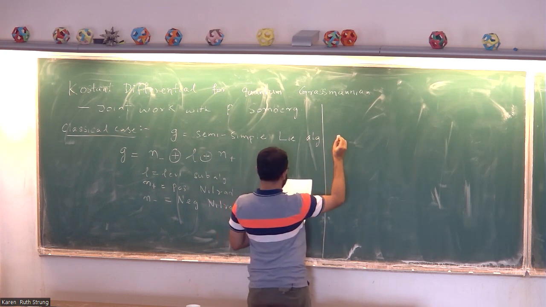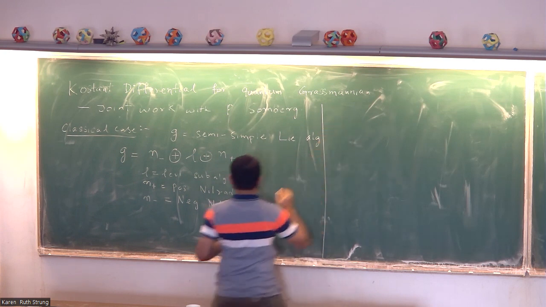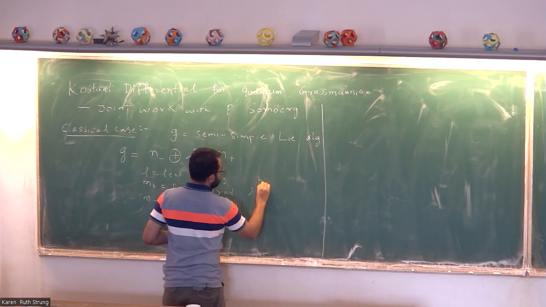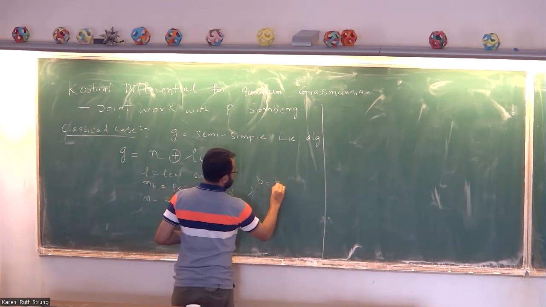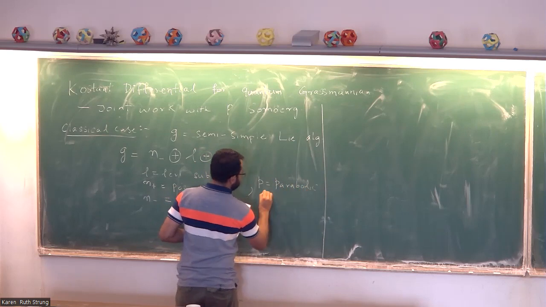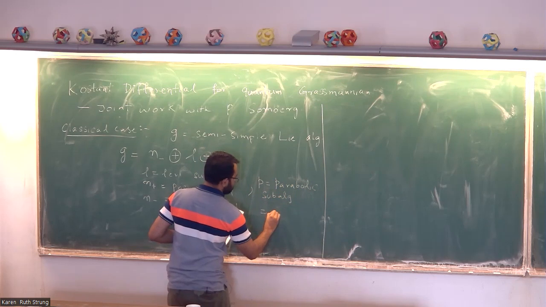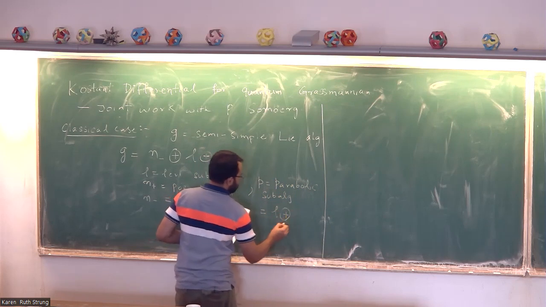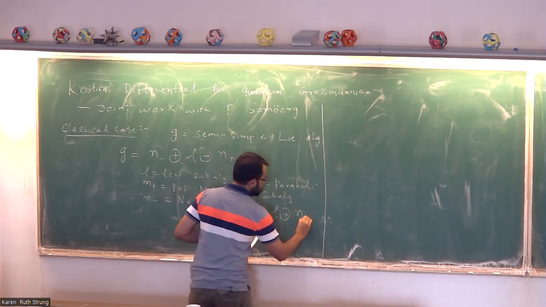And now P is the parabolic subalgebra given by the Levi. Here I'm taking the n plus in my notation.